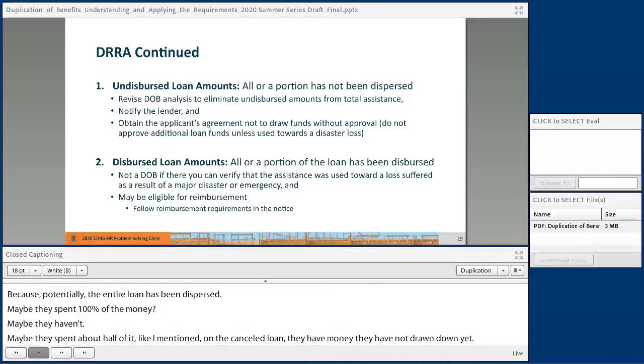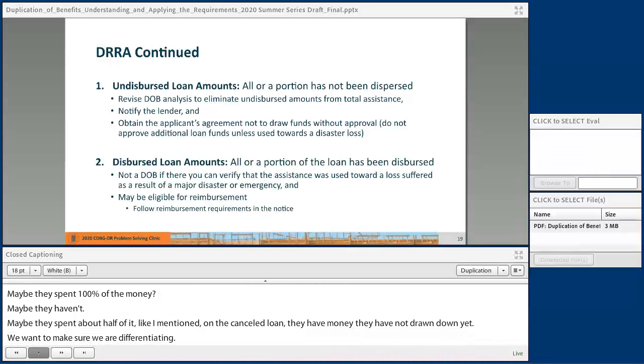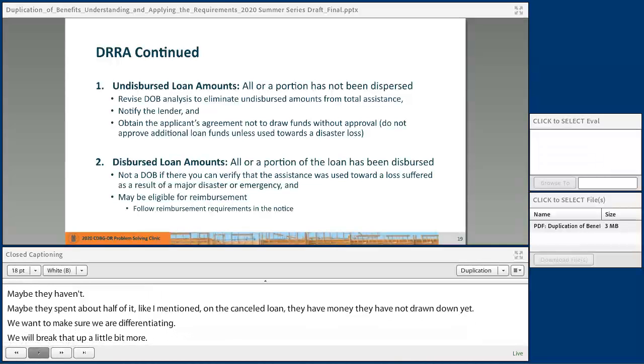So on the undispersed portion, remember in this case, this is actually very similar to the canceled loan provision in the 2019 notice that applies to 2015 grantees as well. The only difference here that applies to the 2016 and on class is this third bullet, right?